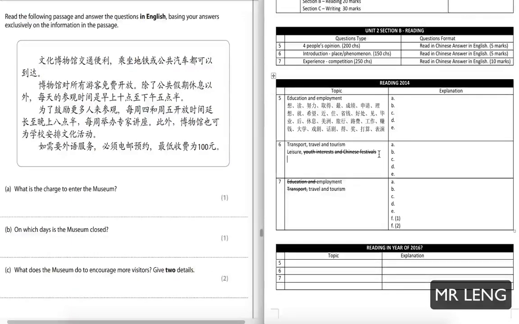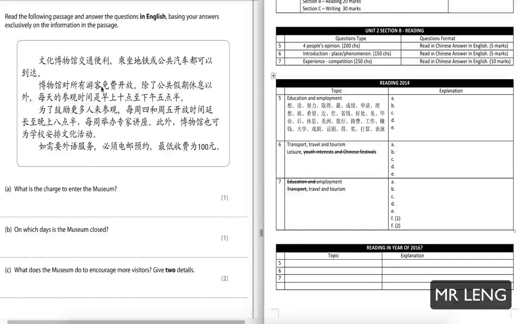Okay, so I'll read through the passage for you now. 文化博物馆交通便利. In 2015, it was talking about a library, and this time it's talking about a cultural museum. 交通便利 transport convenient. 乘坐地铁 metro or 公共汽车 public bus 都可以到达 all can reach the destination. 博物馆对所有游客免费开放.